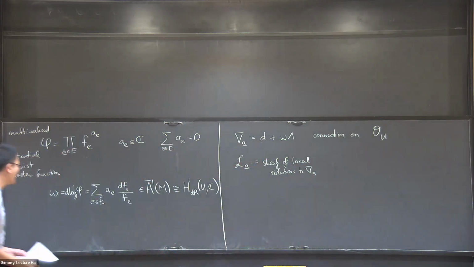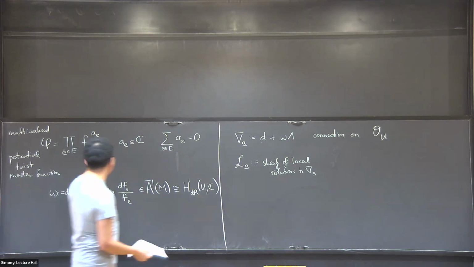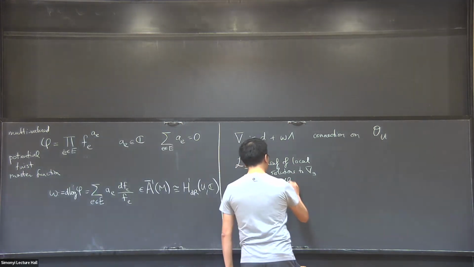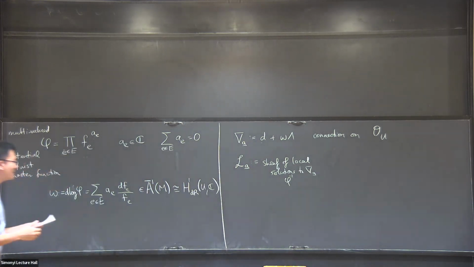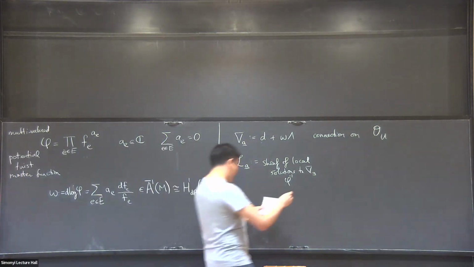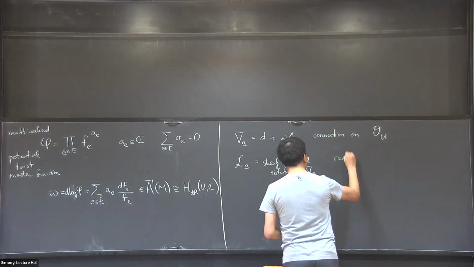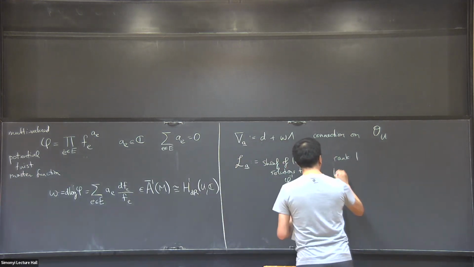So the local solutions to this are basically the branches of the inverse of this function. And so what kind of thing is this? This is a rank 1 local system.